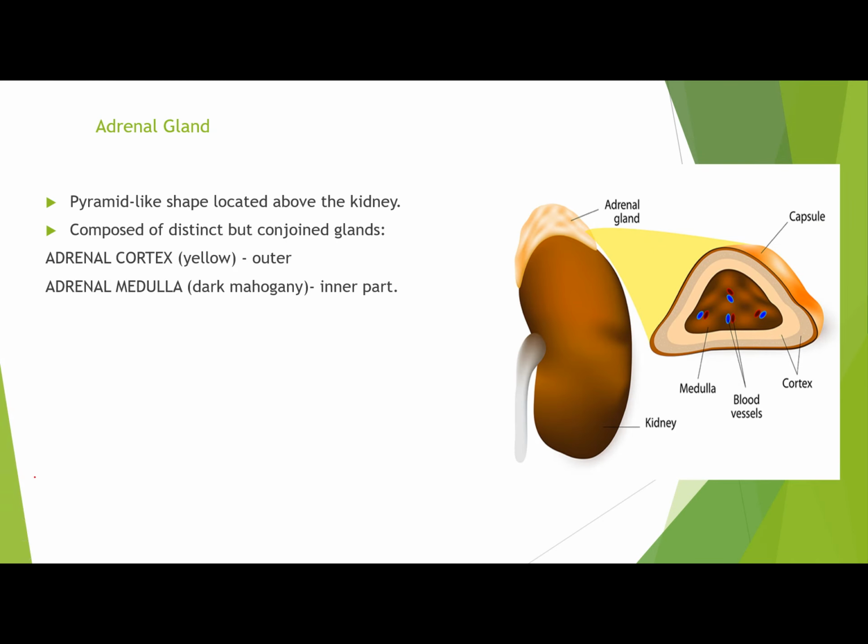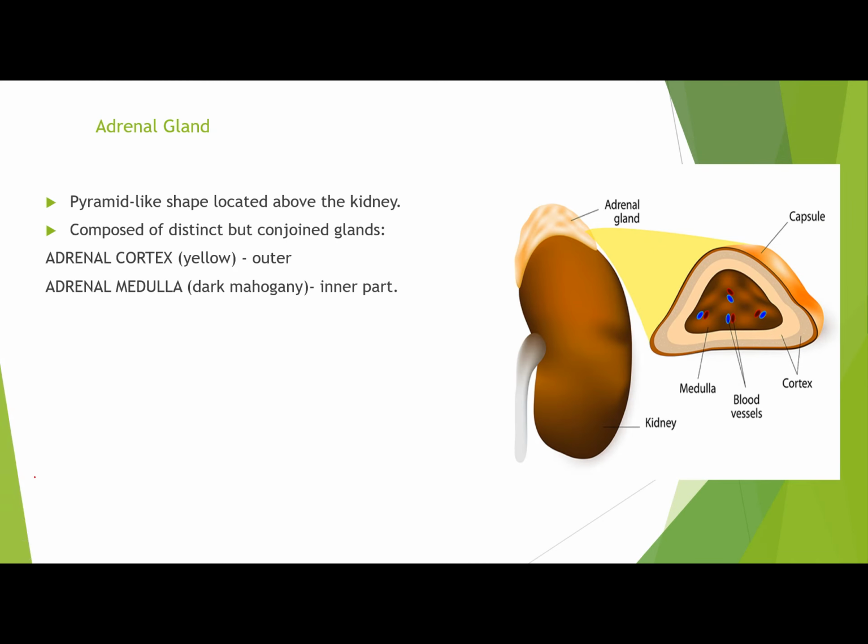Okay, now let's continue with the adrenal gland class. So the adrenal gland is a pyramid-like shaped gland located above the kidney. It is composed of distinct but conjoined glands, the adrenal cortex or the outer part, and the adrenal medulla or the inner part. So ito yung nakikita nyo.